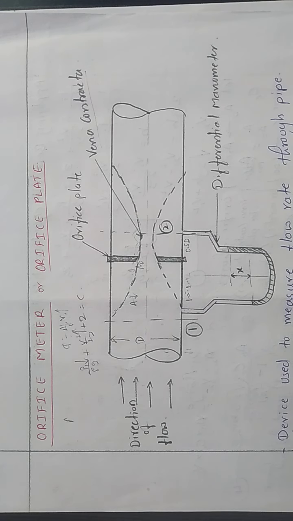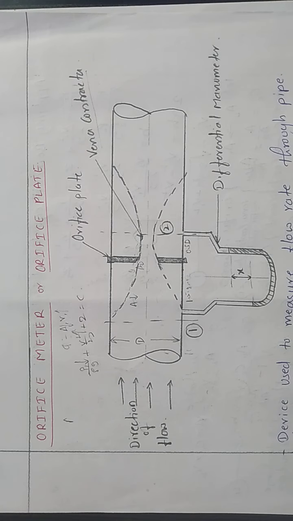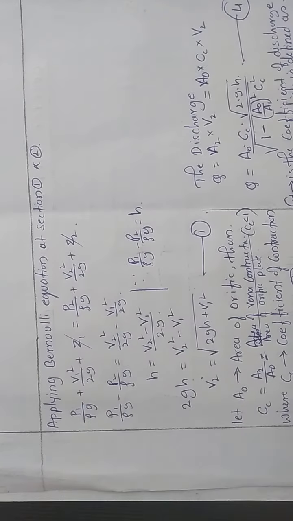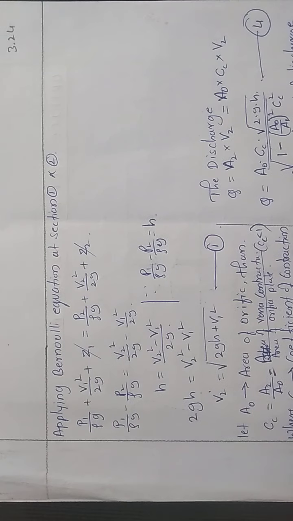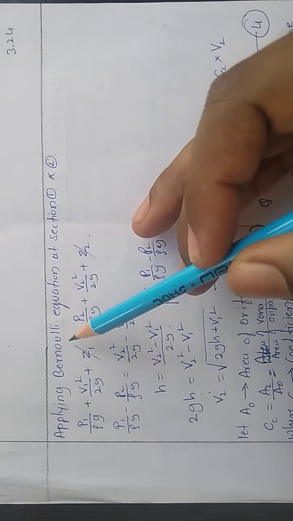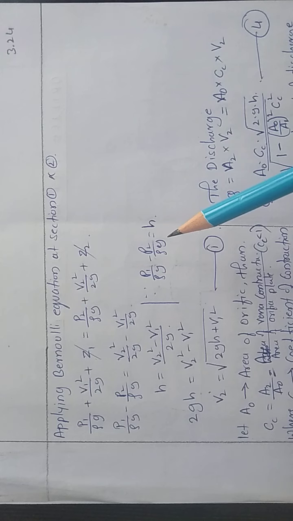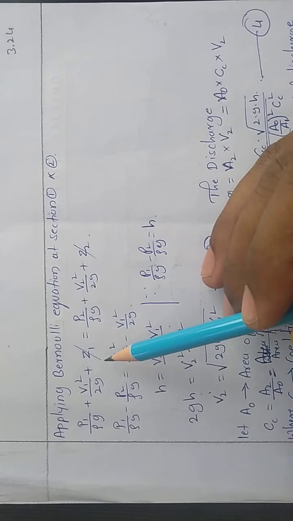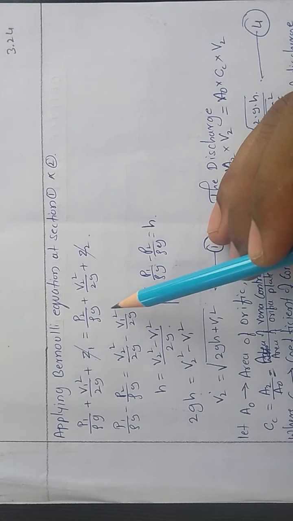Now let's look at the derivation part and see how we get the expression. Applying Bernoulli's equation, z1 and z2 cancel, so p1 by rho g minus p2 by rho g is equal to v2 square by 2g minus v1 square by 2g.